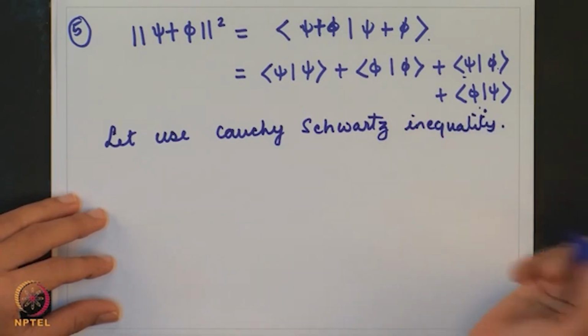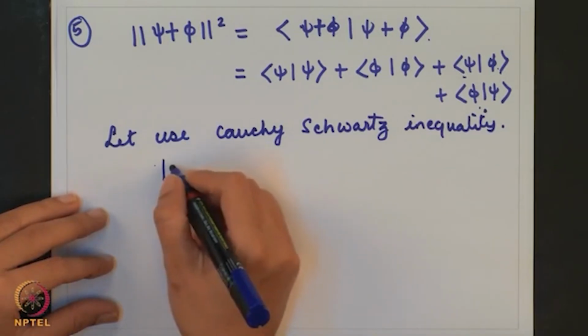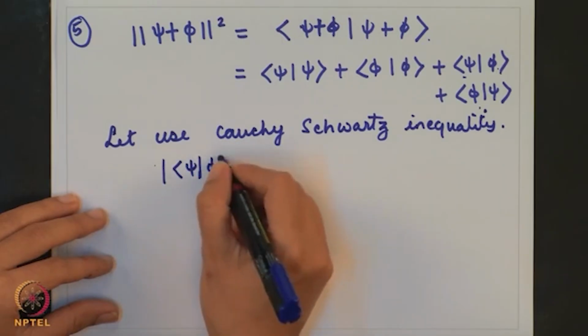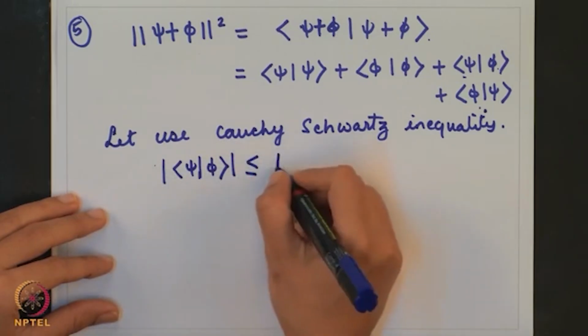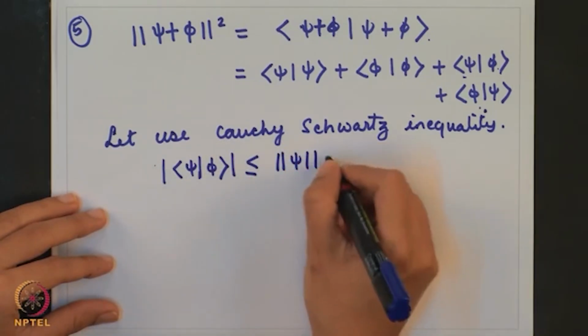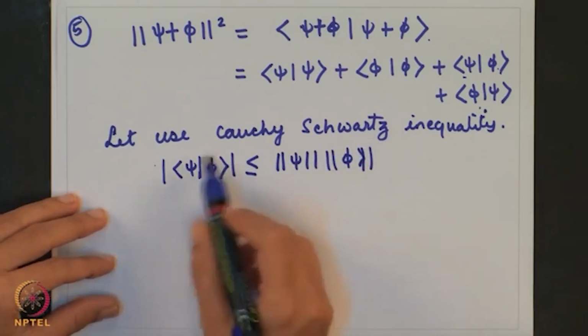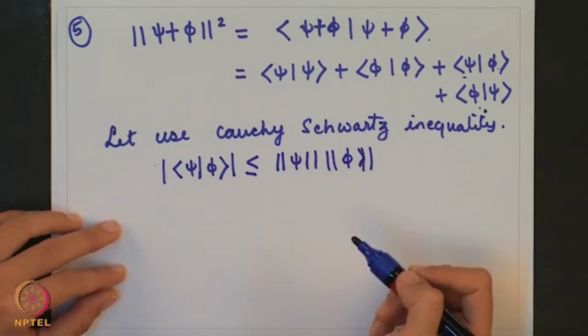So, from the Cauchy-Schwarz inequality, what do we know? We know that psi on phi, that is any vector on the other, has a norm that is always less than the norm of psi times the norm of phi.